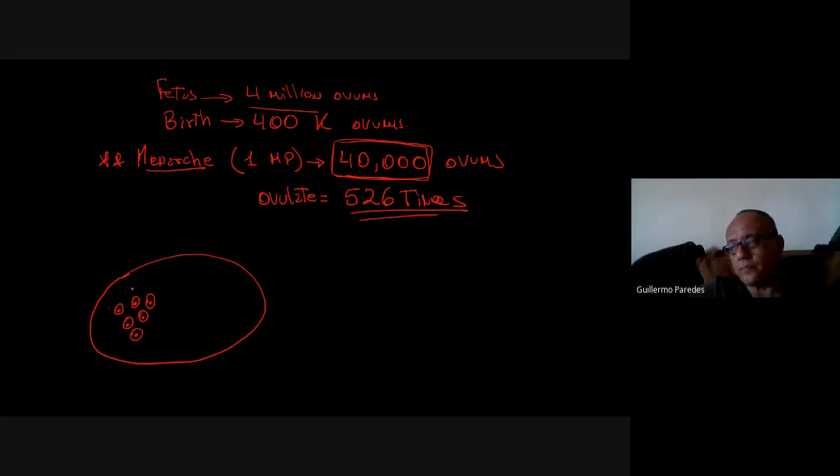Just remember, the ovum is going to have only 23 chromosomes, so that means N chromosomes. That is called haploid. Haploid, N cells, or 23 chromosomes is the same.